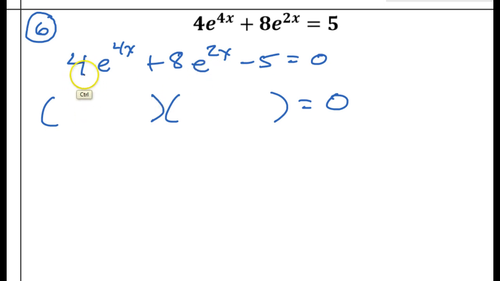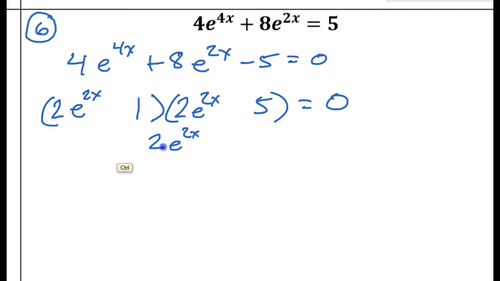So the first thing I might try is splitting up the 4 as 2 times 2. And the e to the 4x power would split up as e to the 2x and e to the 2x as well. 5 can only be 1 times 5, so I'm definitely going to do that. Inner plus outer has to equal the middle. Right now, inner, I have 2e to the 2x power.